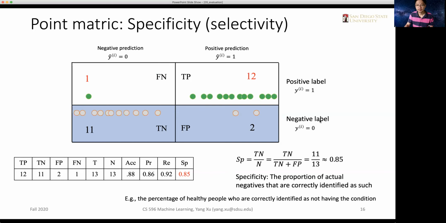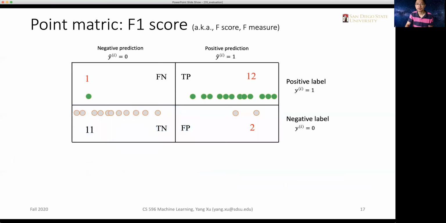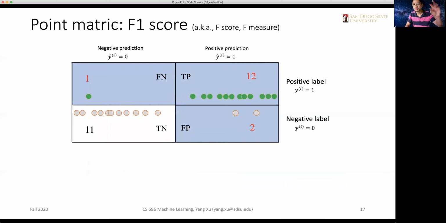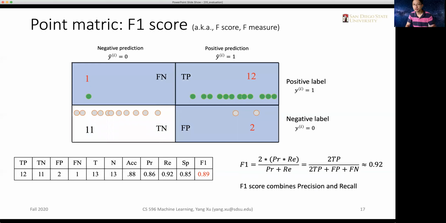And as I said, we will need a more balanced metric other than the accuracy, using the precision and recall measures. So here we define the F1 score that uses both the false negatives and the false positives, so that it combines precision and recall in a normalized way.